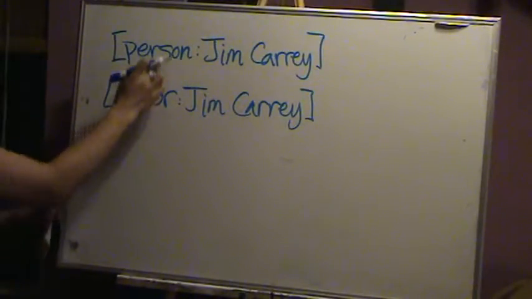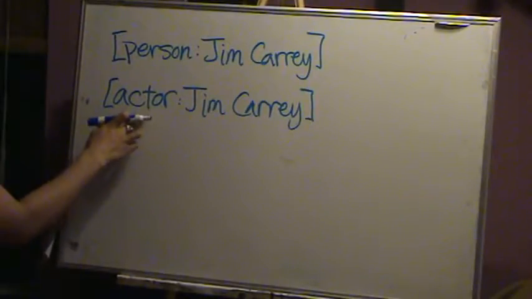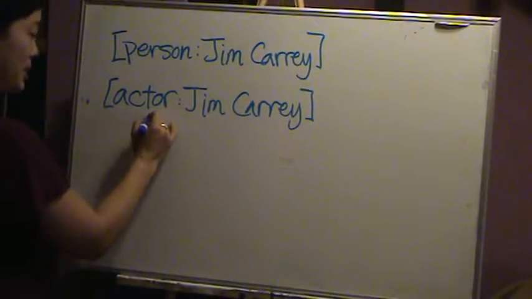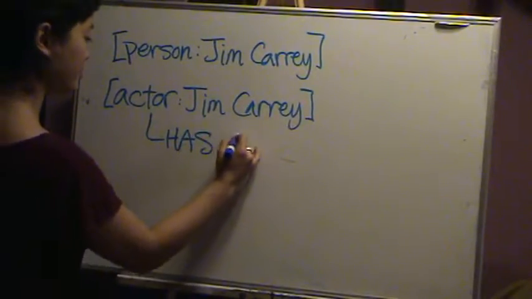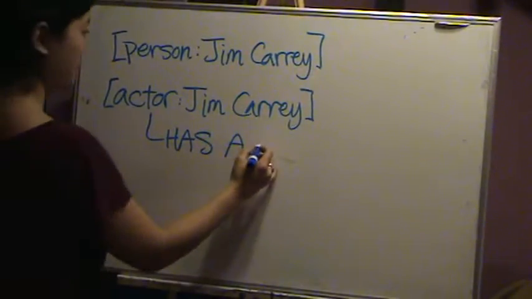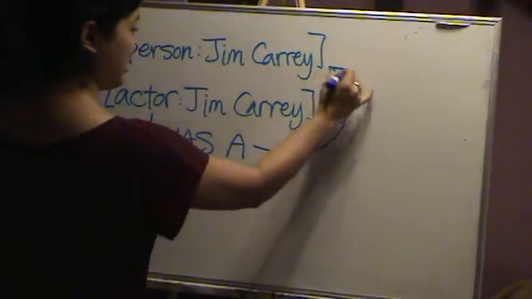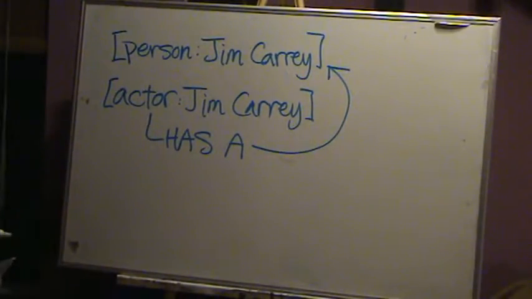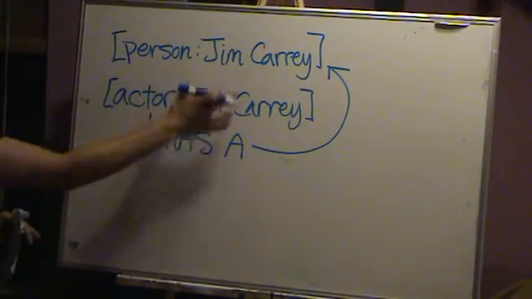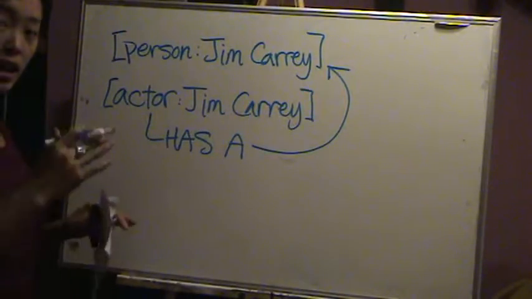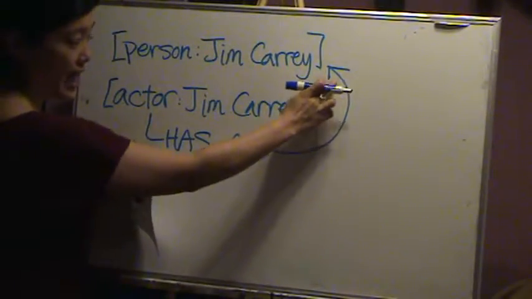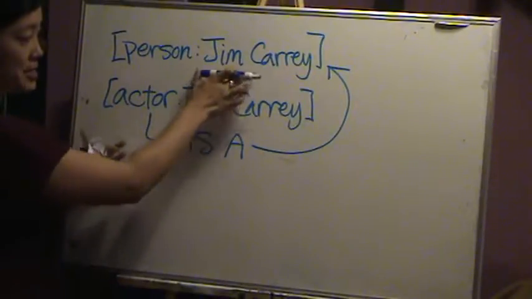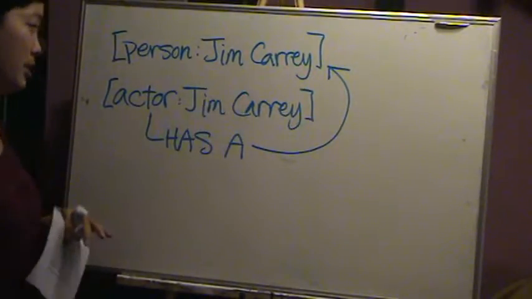But how are these two related? Well, actor has a property of the person Jim Carrey. That is a property of it, and this fits our constraint that the head of the has a relationship has to be a property value object.